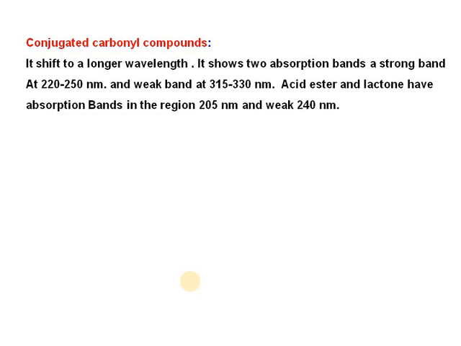But alpha beta unsaturated carbonyl compounds show two absorption bands. Conjugated carbonyl compounds show a bathochromic shift, that is, longer wavelength, and therefore this conjugated carbonyl compound shows two different bands: a strong band at 220 to 250 nanometers and a weak band at about 315 to 330 nanometers.